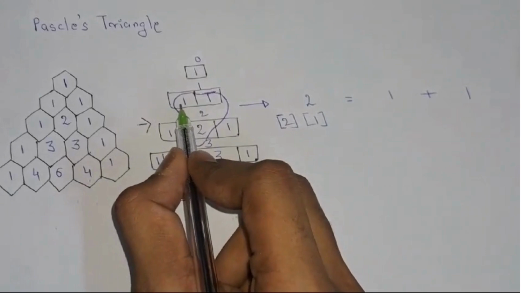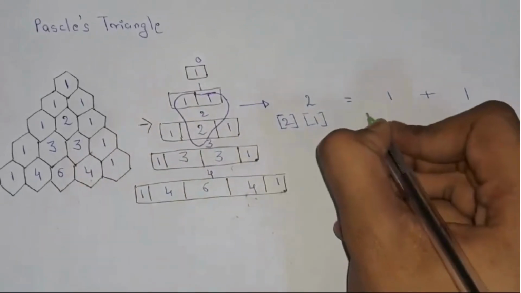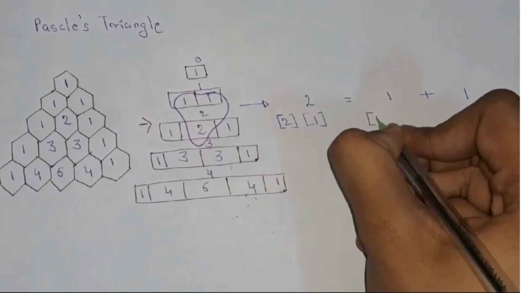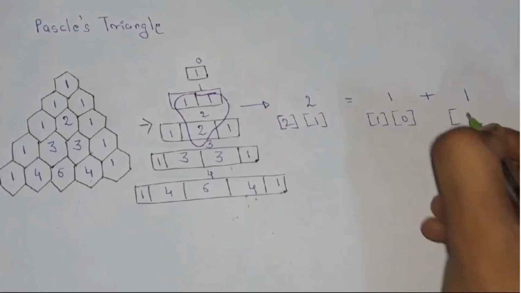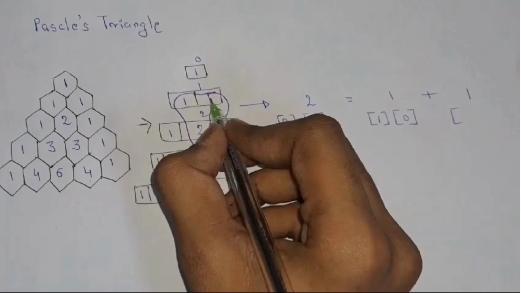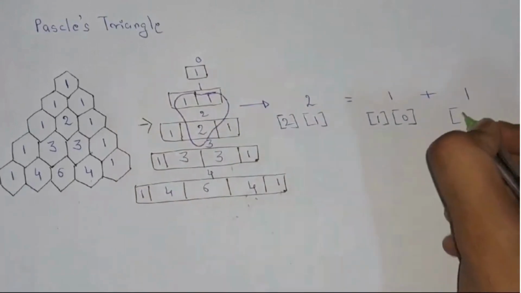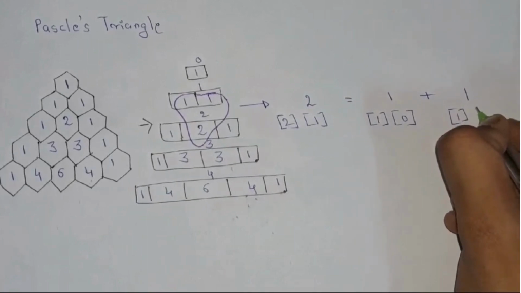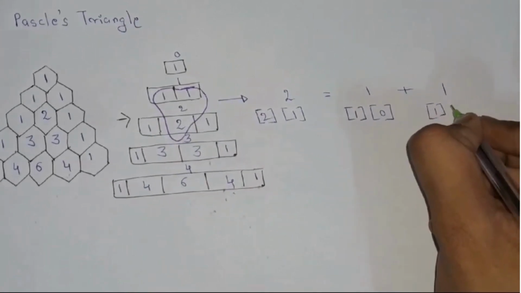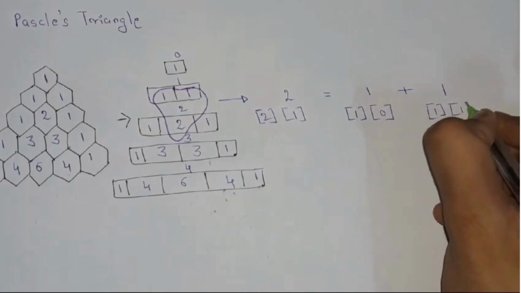This particular 1 lies in the second row and first column, that is, second row means index 1, first column means index 0. And this one lies in the second row and column 2, that is, second row means index 1 and column 2 means index 1.